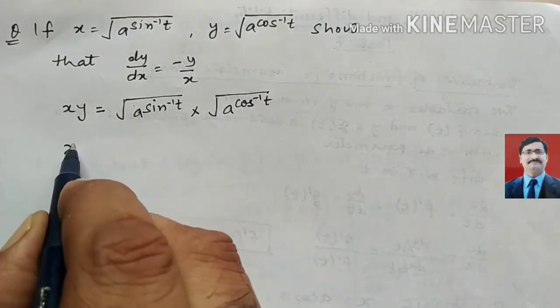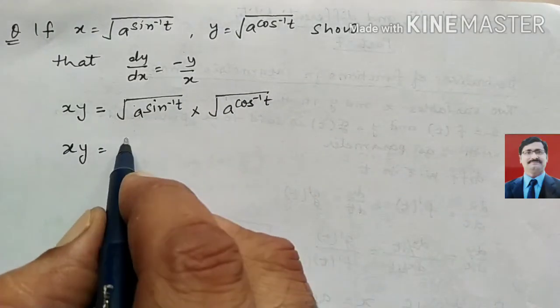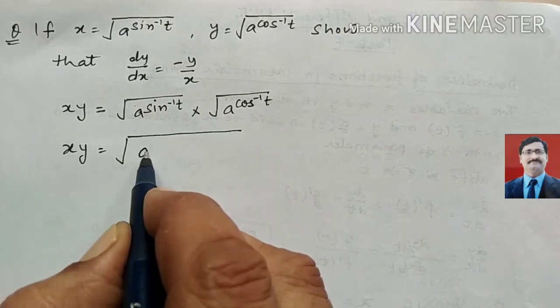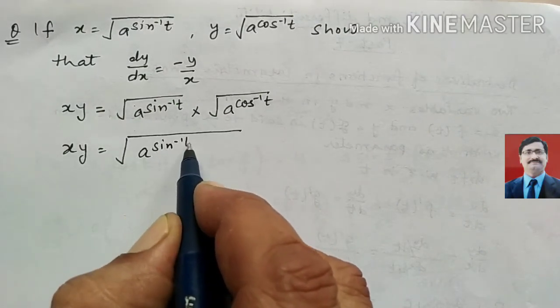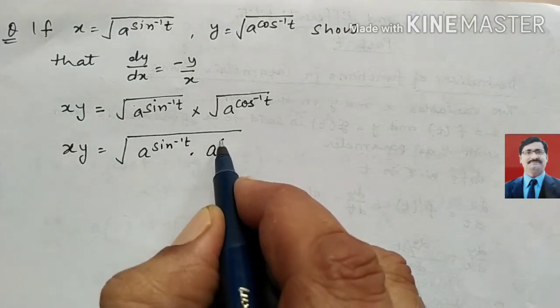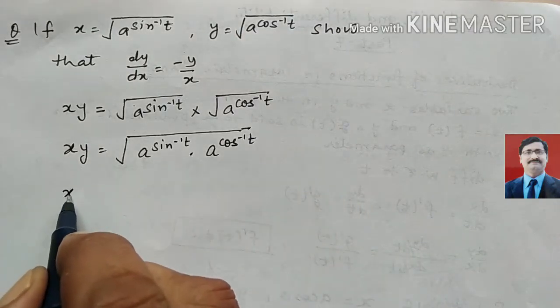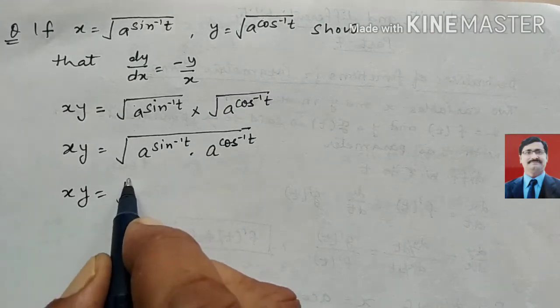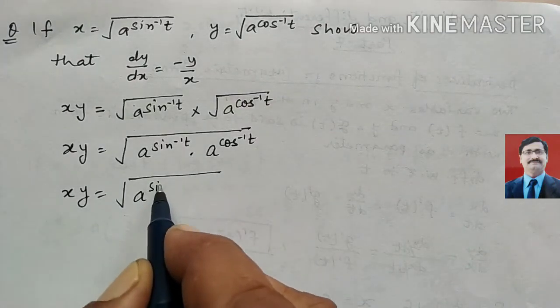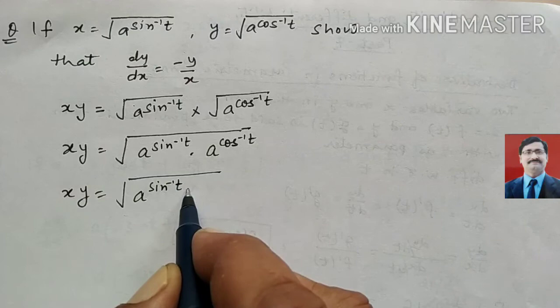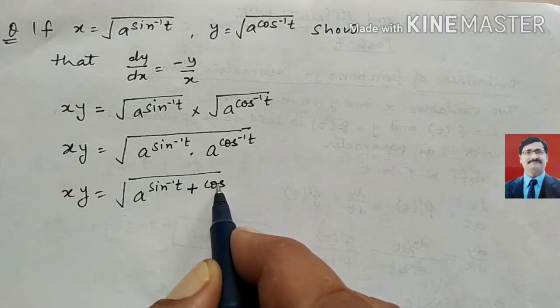You mix these roots, so you get xy = √(a^(sin⁻¹ t + cos⁻¹ t)), since the powers add.